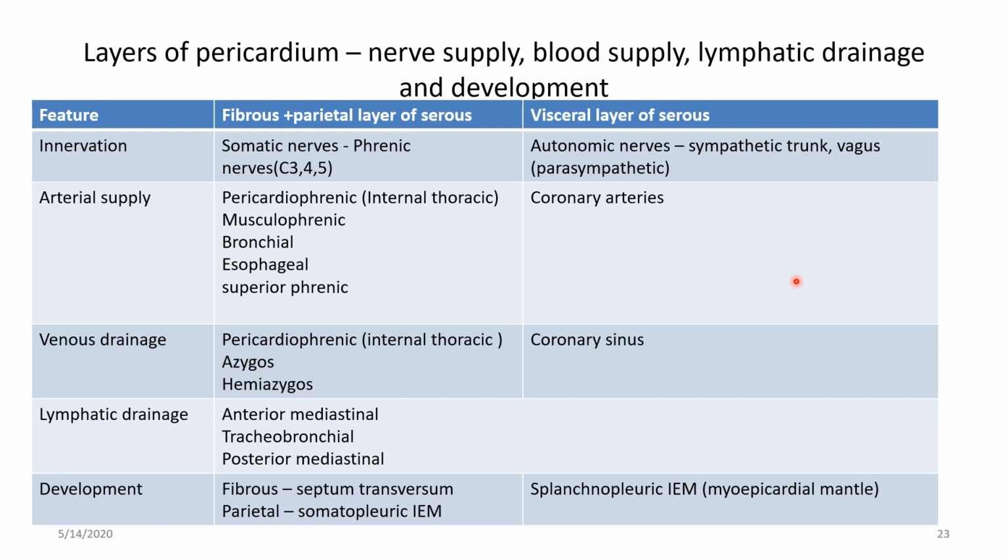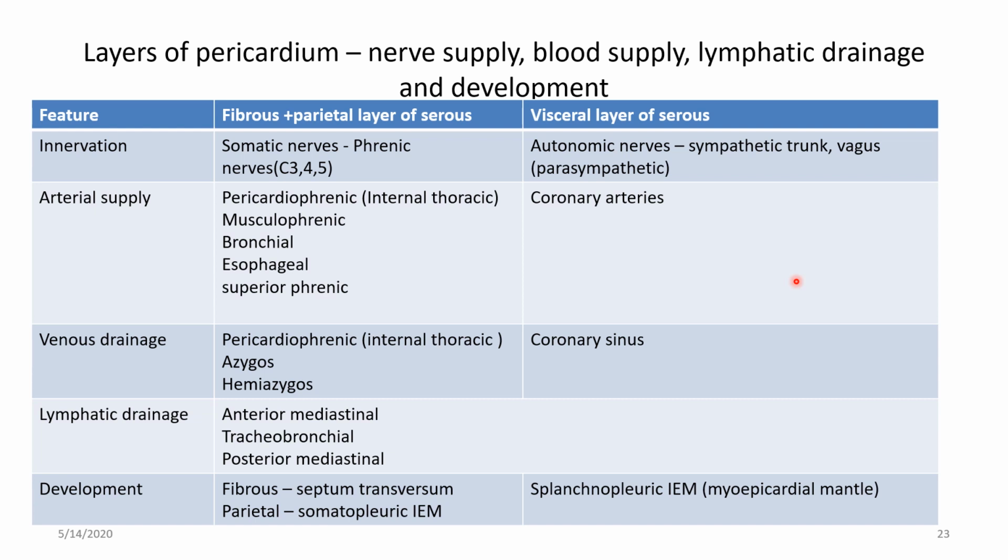Coming to the venous drainage, from the fibrous and parietal layer of serous pericardium, the veins drain into the pericardiophrenic and from there to the internal thoracic vein. And there is drainage through the azygos and hemiazygos veins.